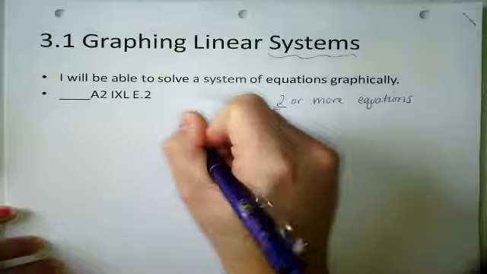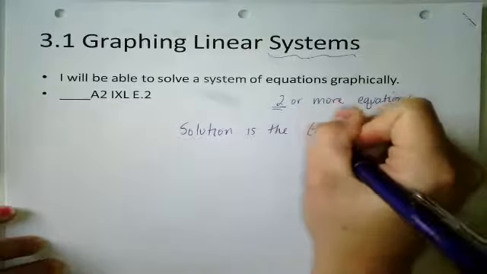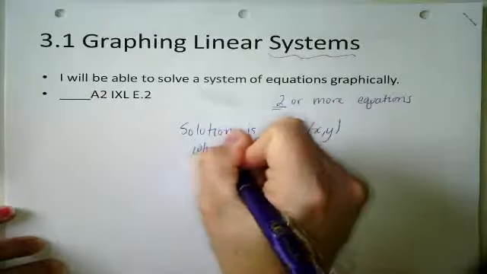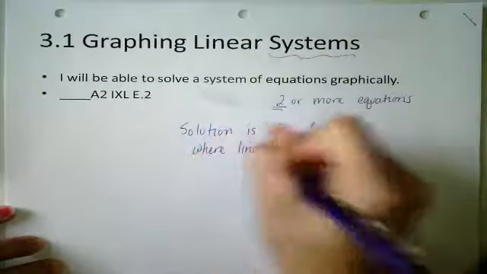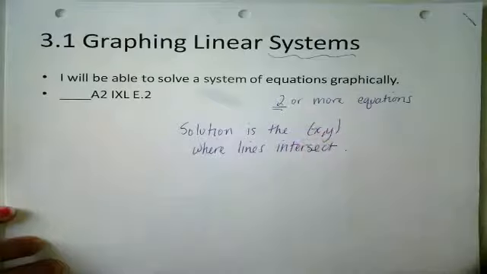So the solution is the x, y ordered pair where the lines intersect. That's what we're looking for today.